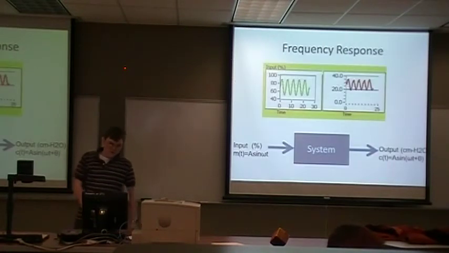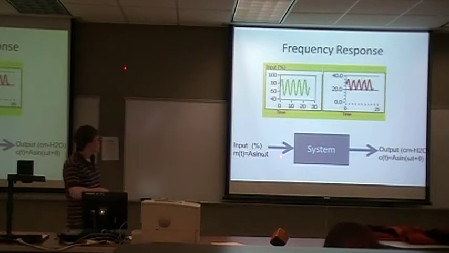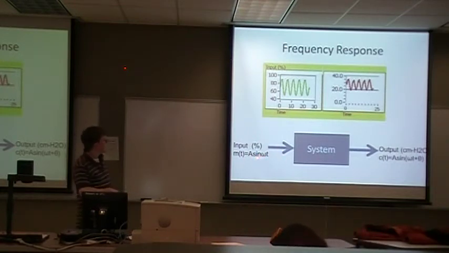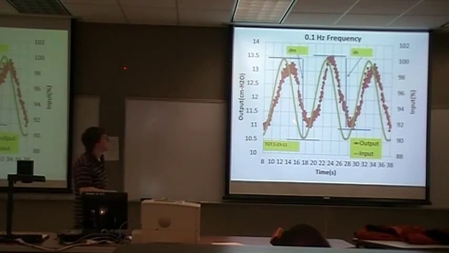Alright, for our frequency response, it's time versus our input percent, and our input is a sine wave. For our output we have centimeters H2O oscillating. Your input is A sine omega t, and the output has a phase angle shift. Here's an example at 0.1 hertz, one of the 9 frequencies we ran.